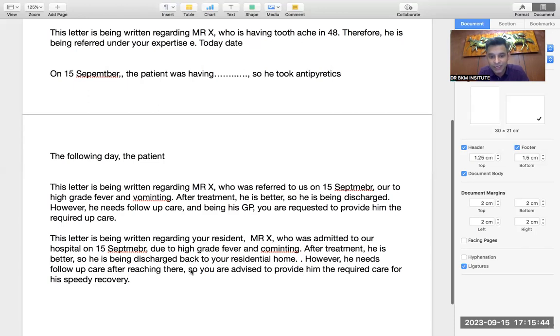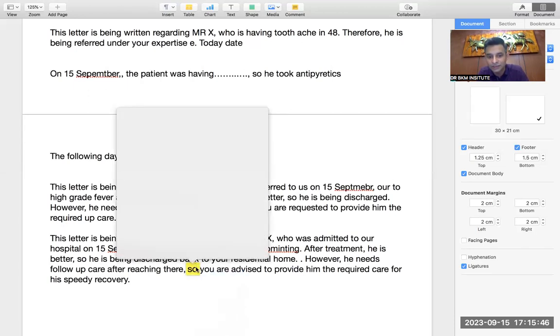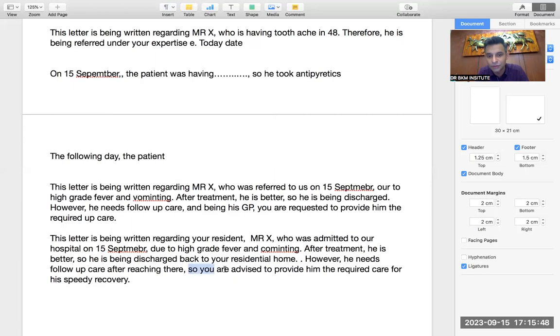Guys, when you are writing the words "you are advised to provide him the required care," it is an advisory letter only; you are advising. So an advisory letter is nothing different. Don't panic. It is a follow-up letter, a discharge letter. Just take it as the patient, tell the main problem of the patient, and then select your data. That's the only thing you need to do.